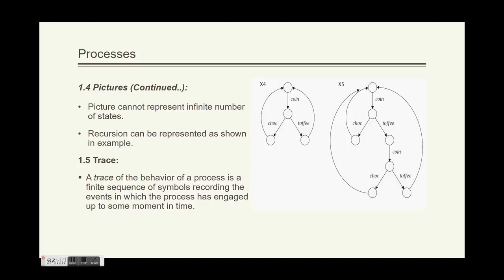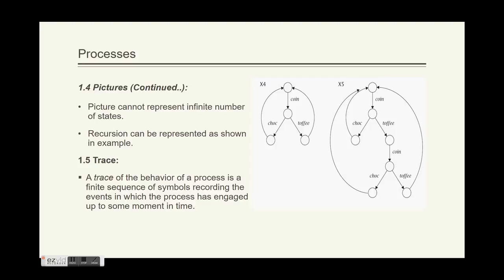This can be represented by giving a transition to the initial state. Similarly, example 5 shows the sequence of events being executed, and after the final state occurs, the transition goes back to the initial state.